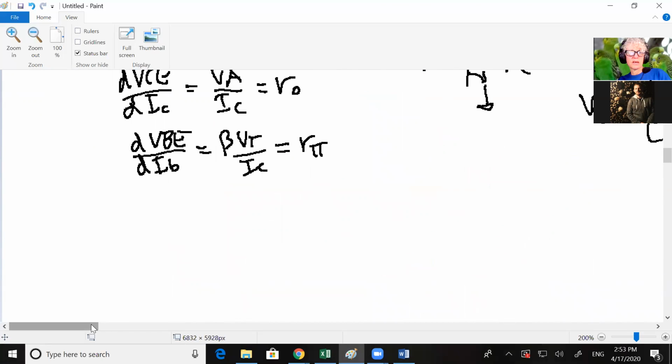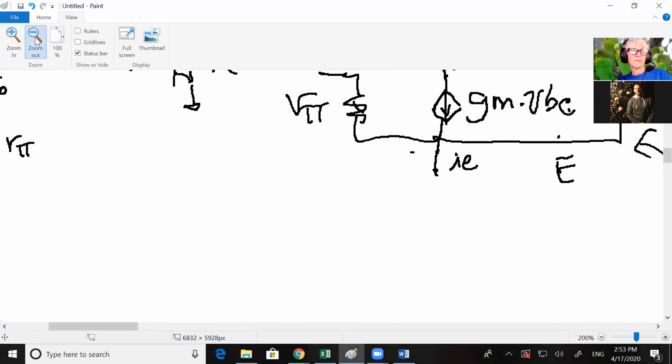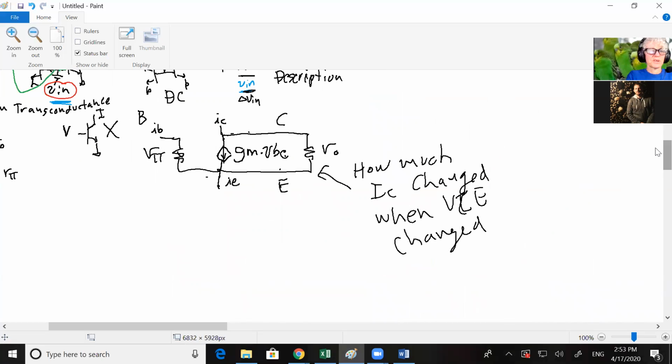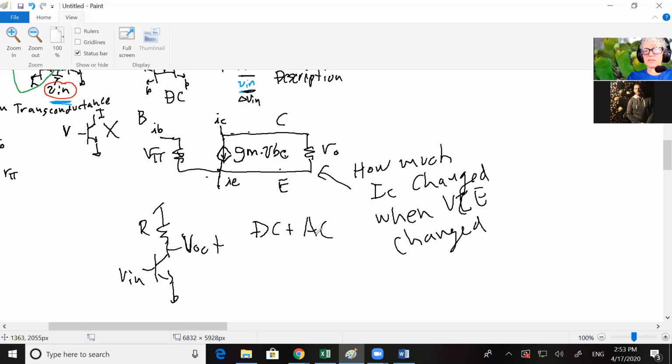So let's go back to that so you can see how we would use this. This is our amplifier that we're trying to find the gain of. Another bit of notation I mentioned in the videos, but hadn't here: if you use a capital first letter and then a lowercase subscript, that means it's the DC part of the signal plus the AC part of the signal.